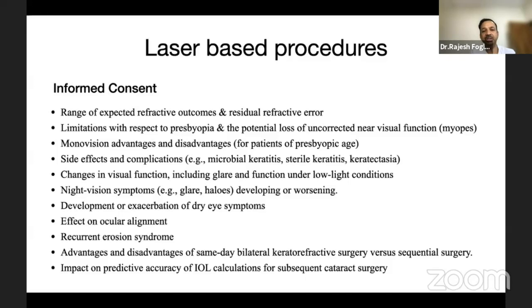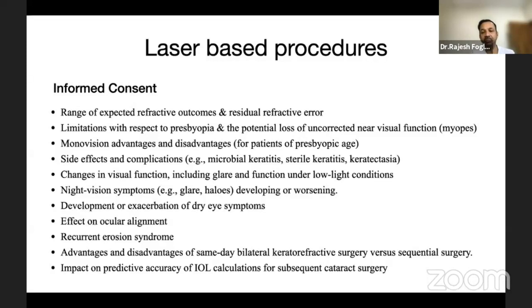The various potential side effects and complications, whether sterile or microbial keratitis, the keratectasia which can occur in the long run, even night vision symptoms, fluctuation under low light condition, and the worsening or development of dry eye symptoms. And if the patient has a latent squint, sometimes that can become manifest.